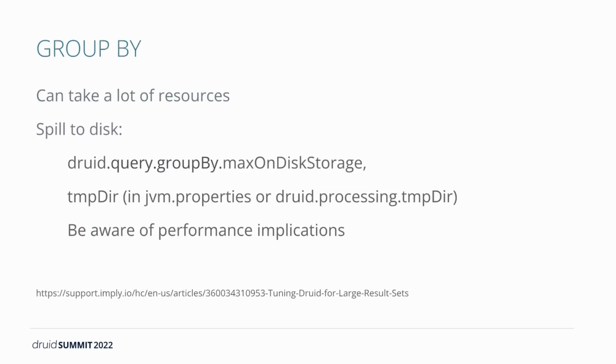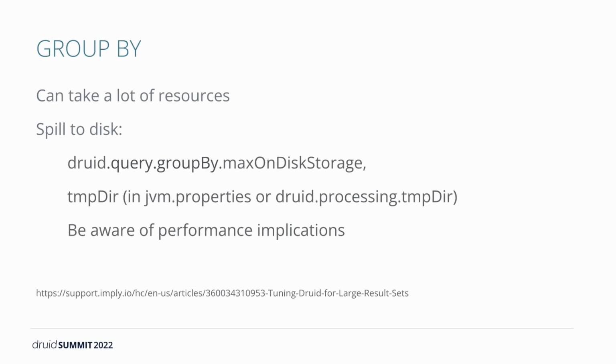Another is for group by queries. They can take a lot of resources and sometimes be slow. So you want to try to tune them to do as little aggregation as possible, like maybe not including unneeded fields in there. But sometimes you need what you need.